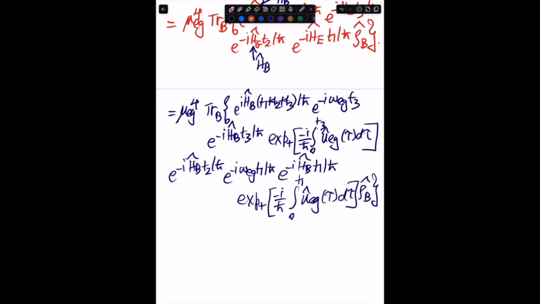So these two terms correspond to the coherences. And do we have any cancellations? Yes, we do. We have this term cancelling with this.